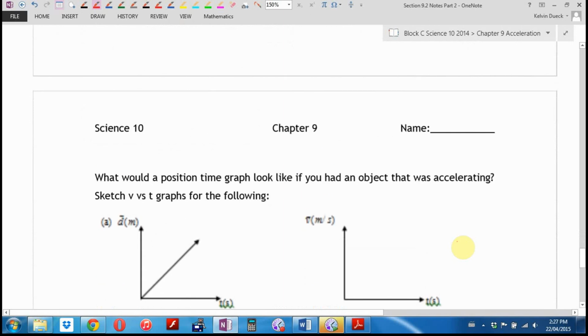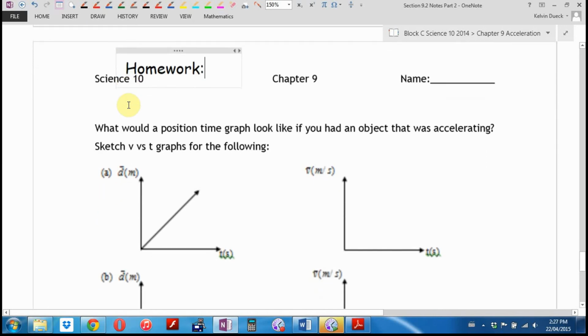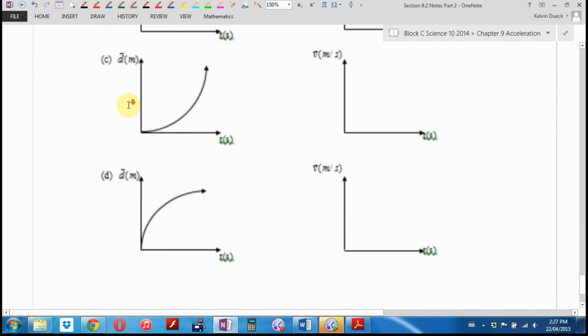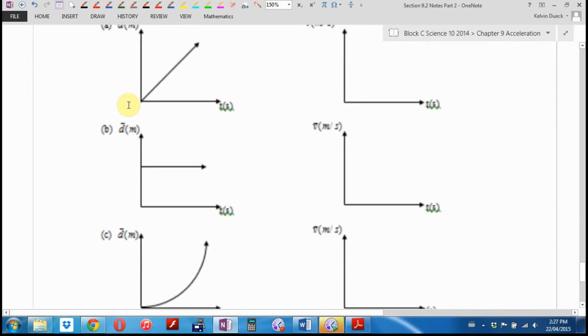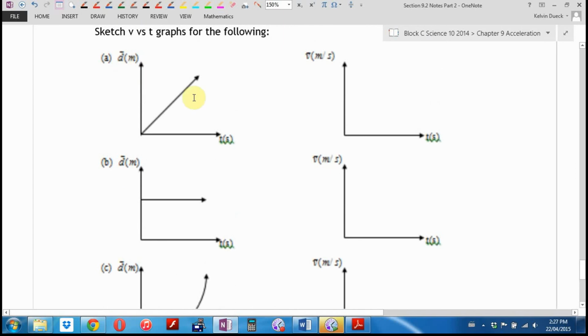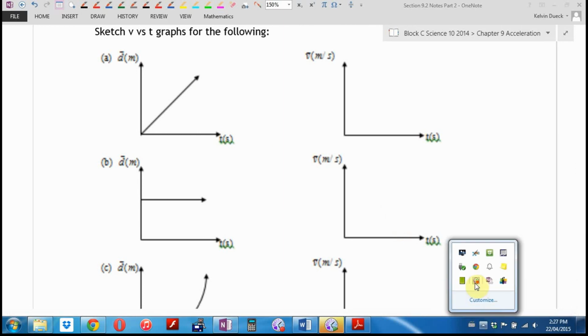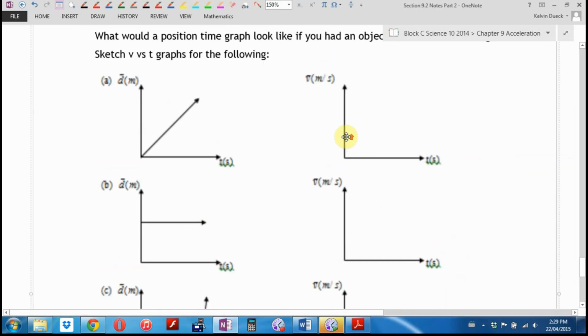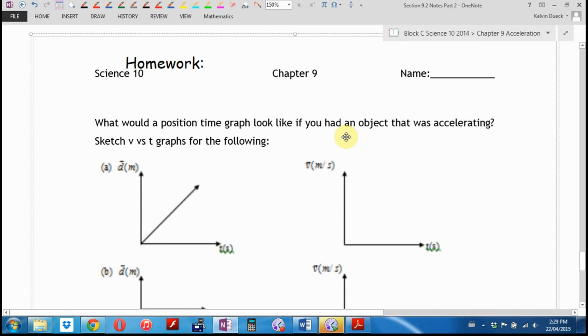So, you ready? I want you to see if you can try doing these 1, 2, 3, 4 sketches as part of your homework. I'm giving you a position time graph. See if you can sketch what shape you think the velocity time graph is. And then I have some more homework for you to practice as well. You can work by yourself or with a partner.